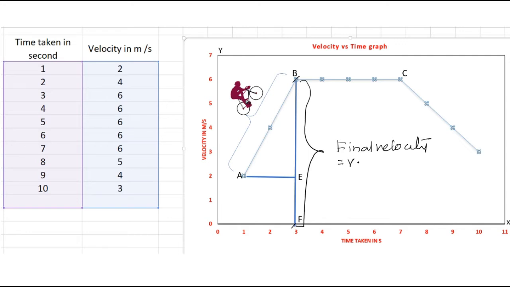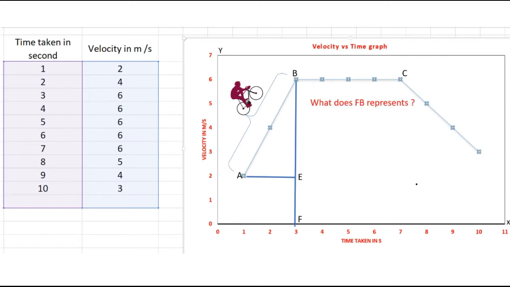Small v. And how much is the value of this? You have to find it on the velocity axis, that is 6 meter per second. So v is equal to 6 meter per second. So FB represents the final velocity, that is small v.